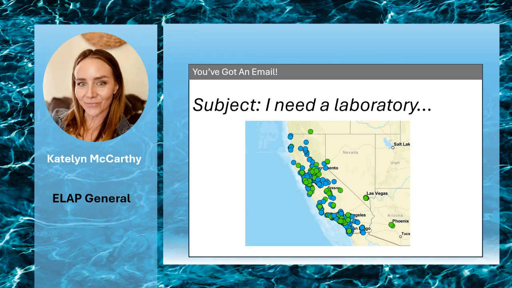Another very common inquiry that we get is from folks who are looking for a laboratory. So in addition to helping our lab stakeholders, we also regularly provide assistance to the general public and to other regulators. This can include providing instructions on using our GIS map of laboratories that's on our webpage to help a homeowner get testing done on their tap water, to creating custom lists for regulators who need laboratories that are accredited for specific FOAs.